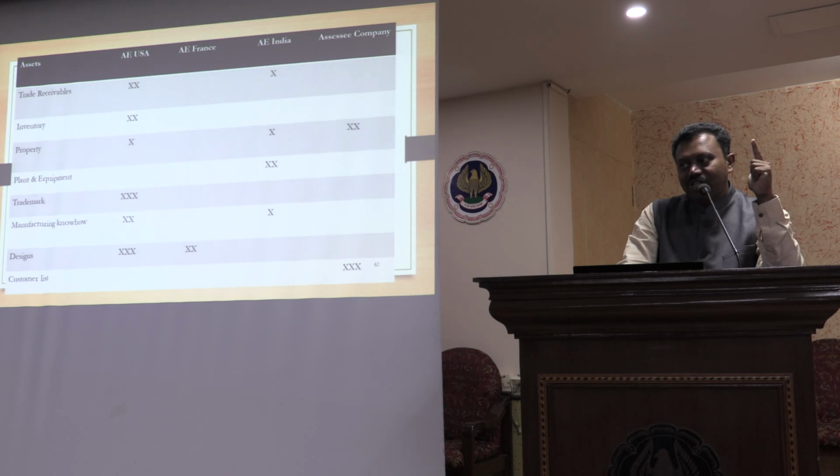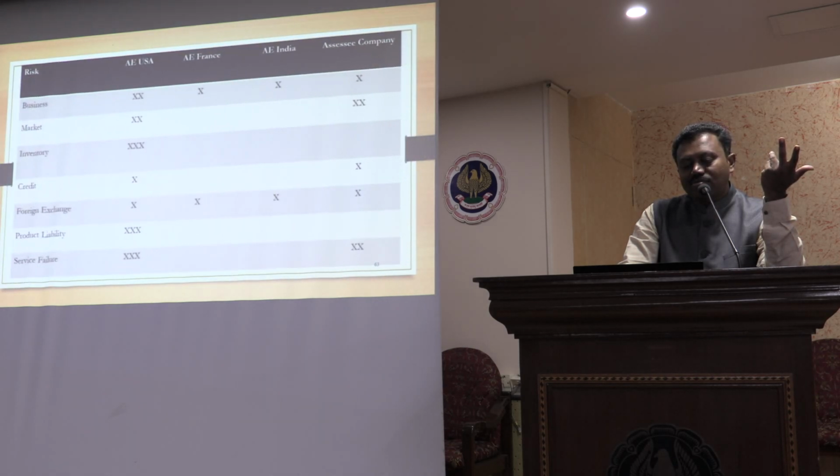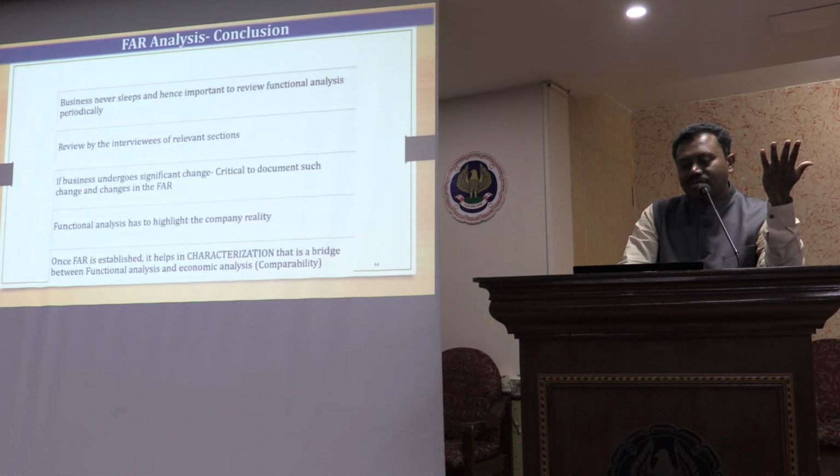Inventory, which company, where it is, property. So you can see the functions can be no end. Risk: business risk, market risk, inventory risk, credit risk, forex risk, product liability risk, service failure. Who will bear all that risk? Then we conclude.